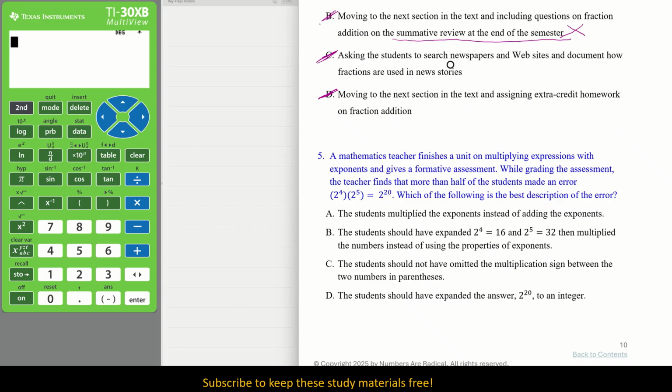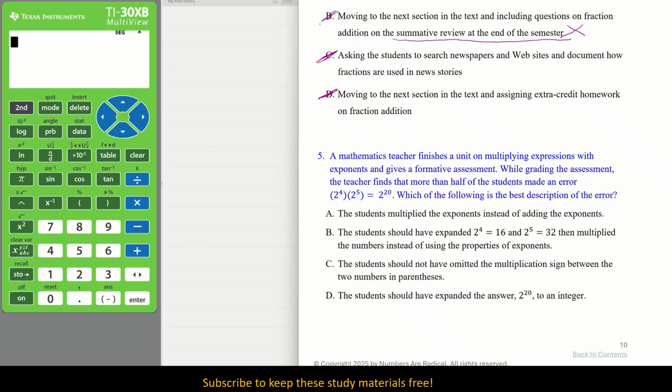So what they did is they took 2 to the fourth times 2 to the fifth, and they multiplied the exponents instead of adding them. So this should have been 2 to the ninth.